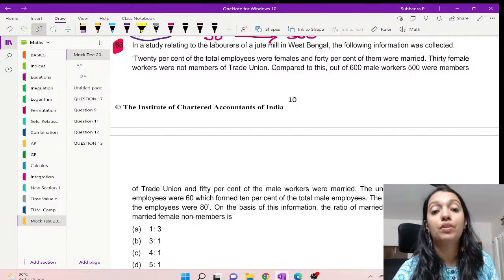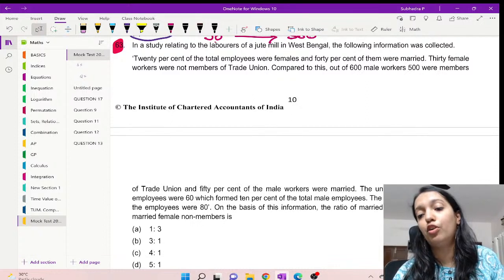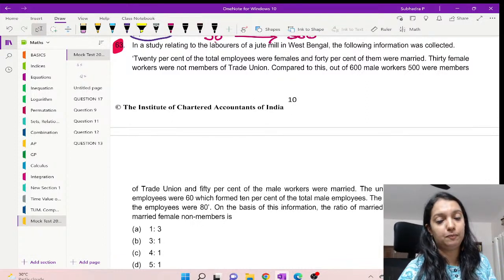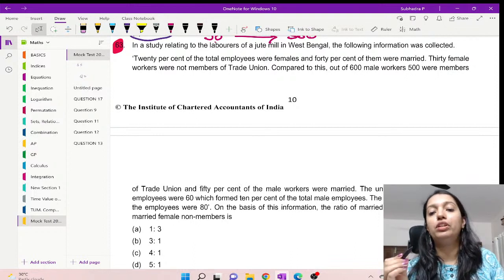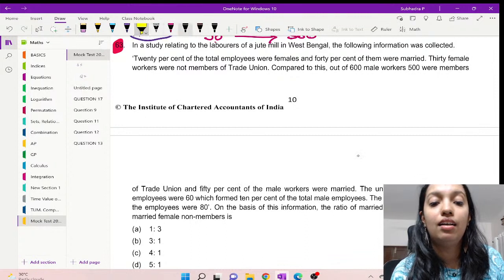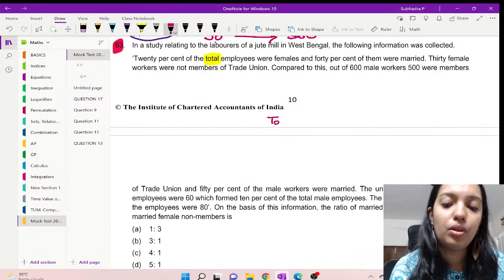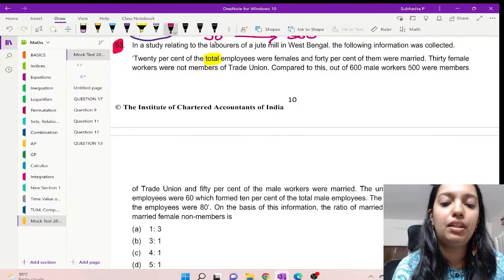Let's have a look. In a study relating to laborers of jute mill in West Bengal, the following information was collected. 20% of total employees were female. Here is information 1. Total employees. So I am starting with my tree. Okay, I'll start from the left part.